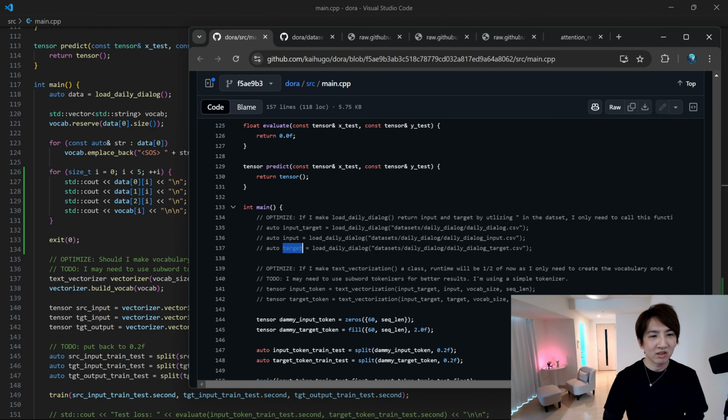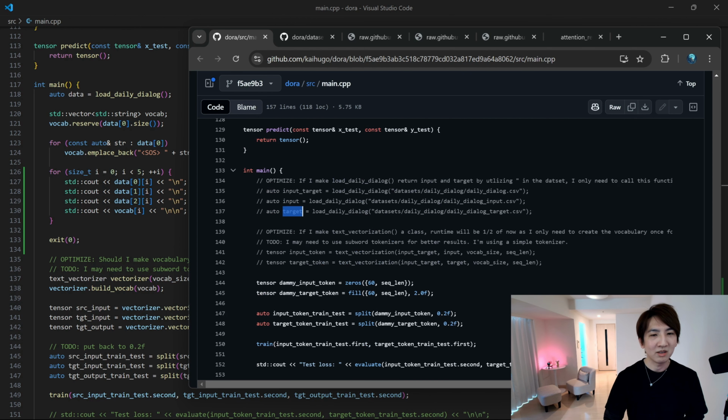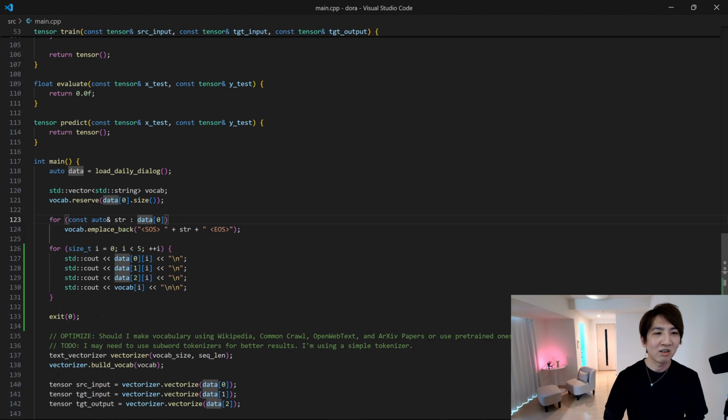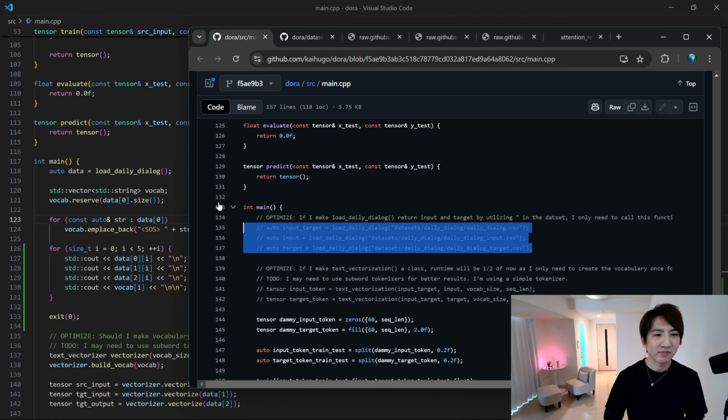If we look at some code from the past in my GitHub, I called this load daily dialog function 3 times, whereas now I only call it once. Yeah, it just makes my code faster.